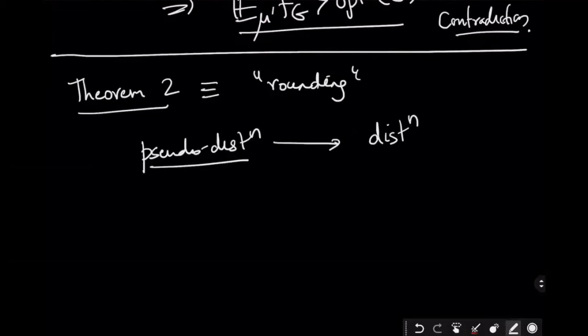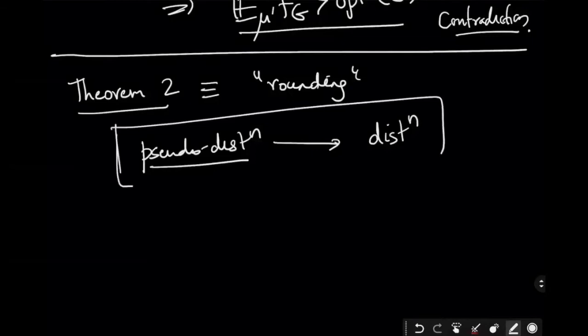We would like to convert pseudo distributions into a distribution while being as close as possible, in various natural senses, to the originating pseudo distribution. So our roundings will always mean operations that take pseudo distributions to distributions.